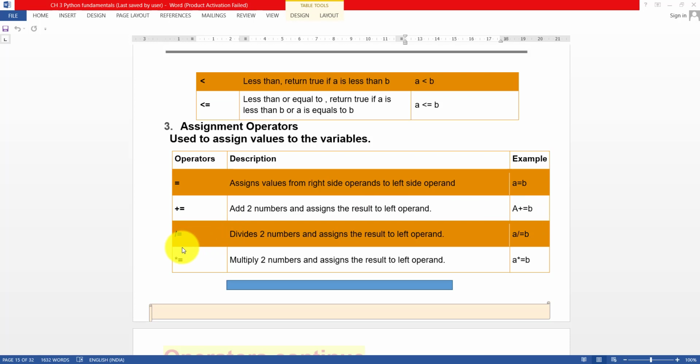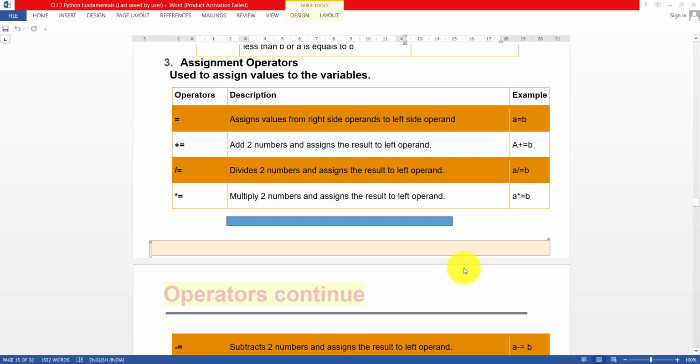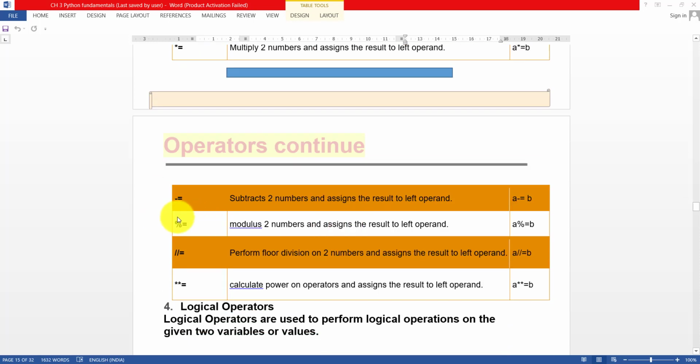Next, slash equal means divide two numbers and assign the result to the left operand. This is your left operand, so the updated value will be assigned to that operand. Asterisk equal means multiply two numbers and assign the result to the left operand. We will write like this. Next, minus equal means subtract two numbers and assign the result to the left operand.